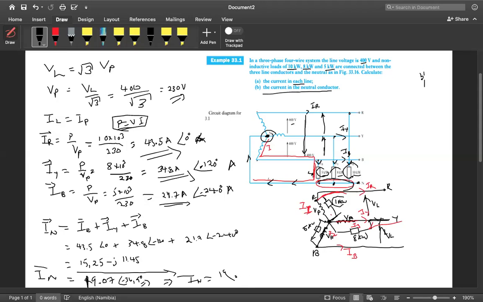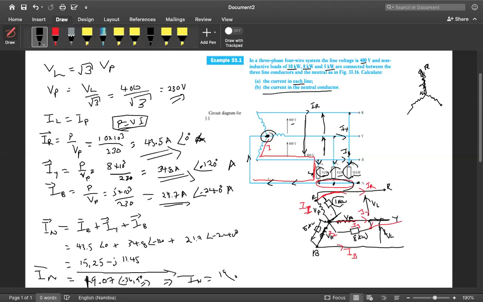Now this is our neutral point N. This point is R. It's ugly, but it's correct.